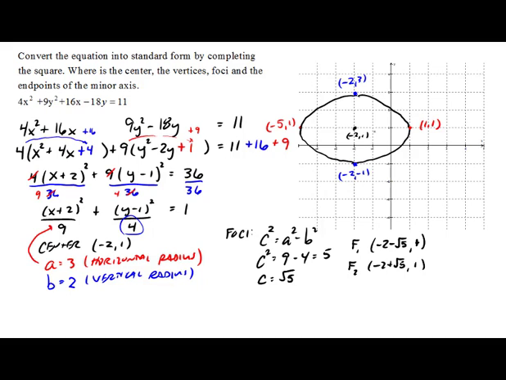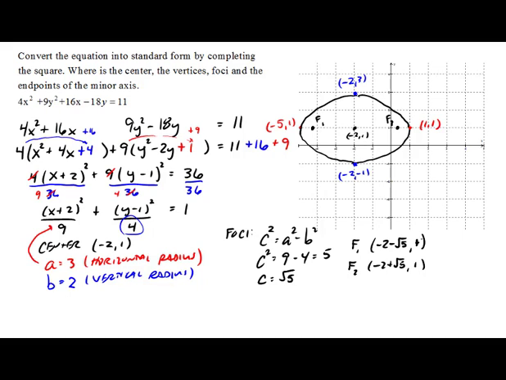So -2 plus the square root of 5 would be right about here, and -2 minus the square root of 5 would be right about here. So this would be f sub 1 and f sub 2. So if we approximate those values, I'll just plug them into my calculator here. -2 minus the square root of 5 is about -4.24.